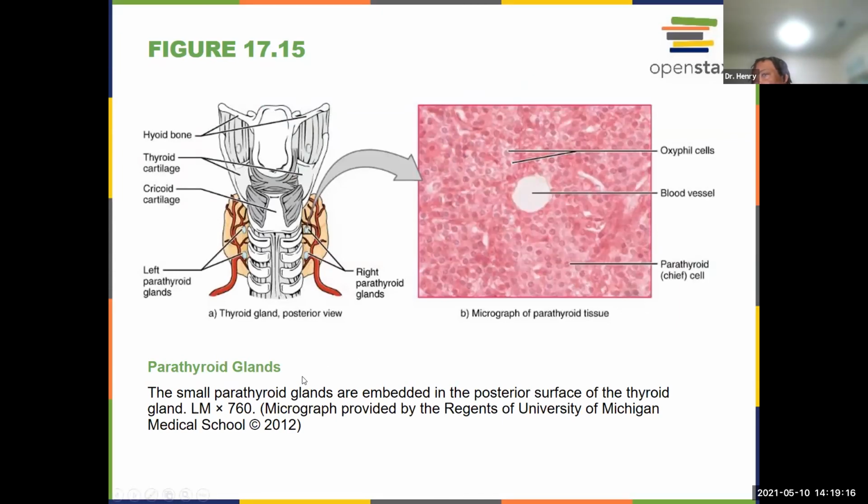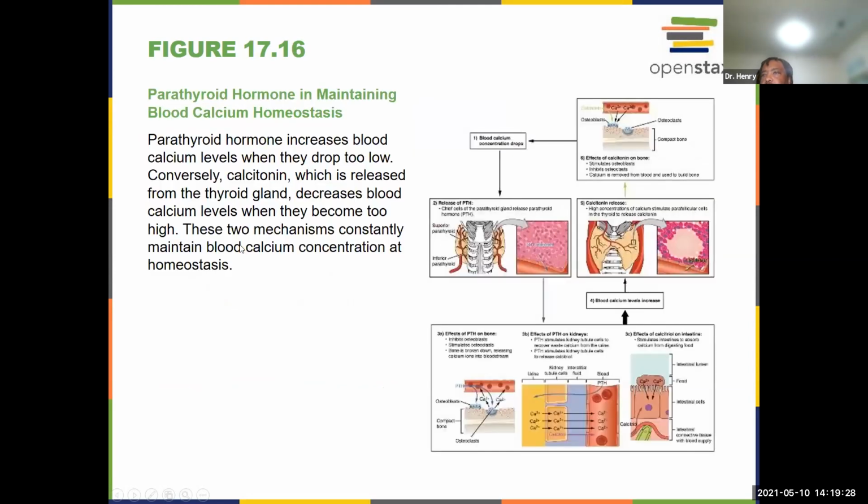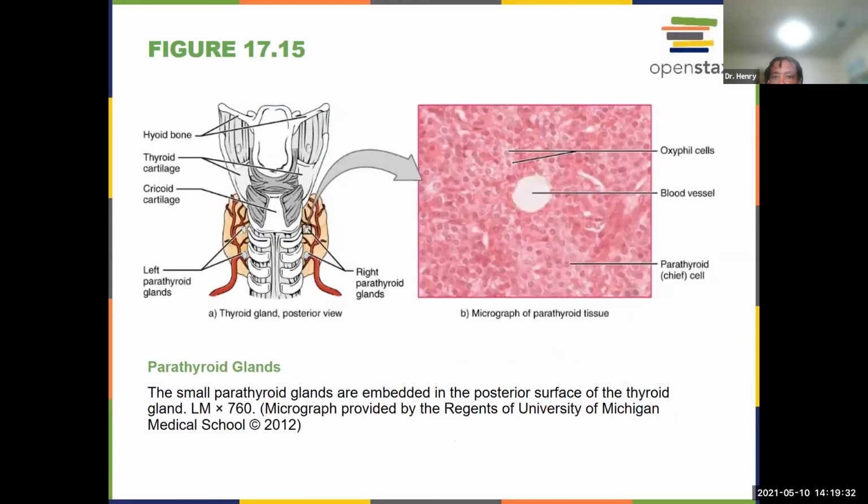Okay, and so this here is the parathyroid gland. Here you can actually see the parathyroid glands, the little tiny ones. They're actually located within the thyroid itself, and the parathyroid gland is responsible for making the parathyroid hormone, the PTH, and that's also involved in the regulation of calcium.